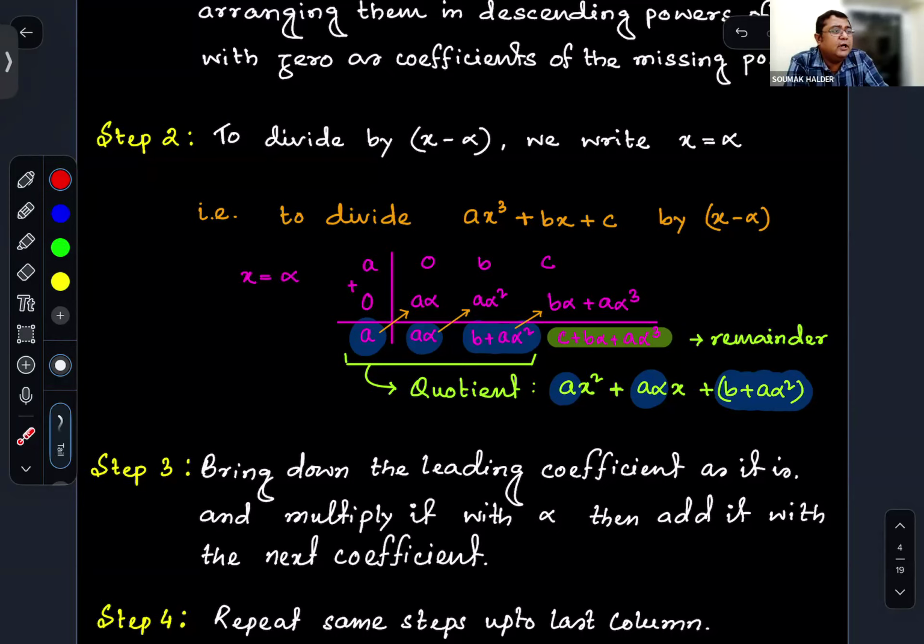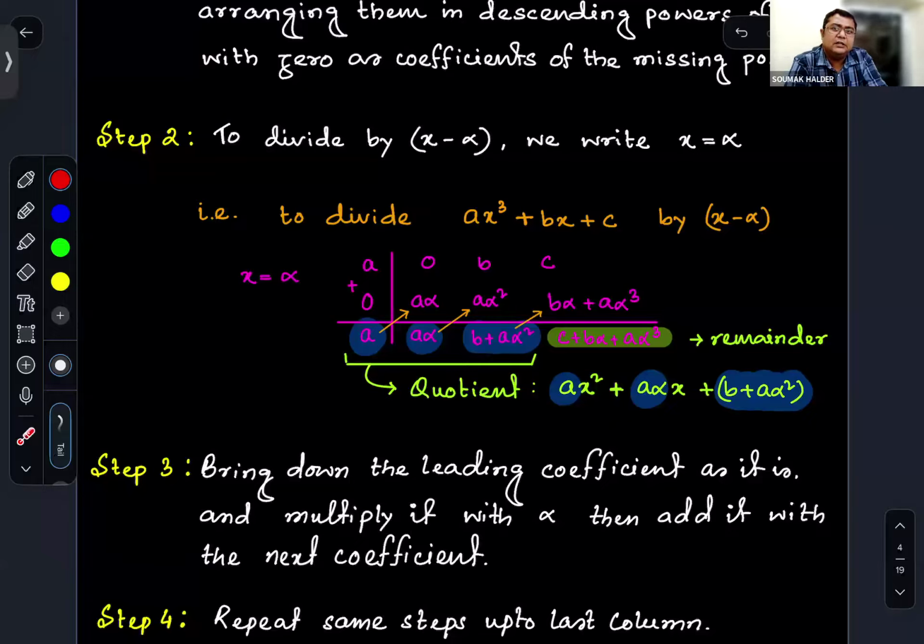Okay, moreover it's a monic polynomial of degree 1, so the quotient will be 1 degree lesser than the dividend and the leading degree coefficient will definitely match. That's what we are ensuring by carrying the leading coefficient as it is.